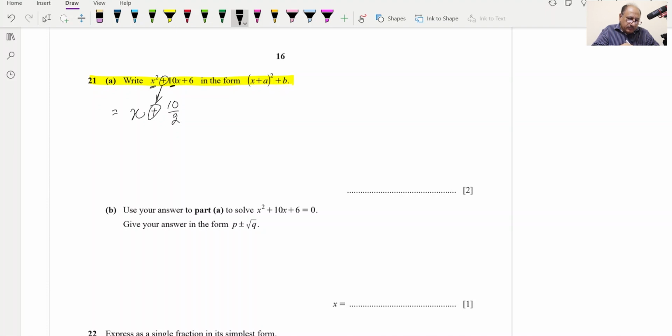If it is minus, we will be writing minus. So I have written plus here. Hopefully you understood why I have written plus over here. And next is what? Next thing is we will be putting brackets, and we'll write square, and then whatever we have written over here will always be subtracted. So minus this will be 10 over 2 squared.